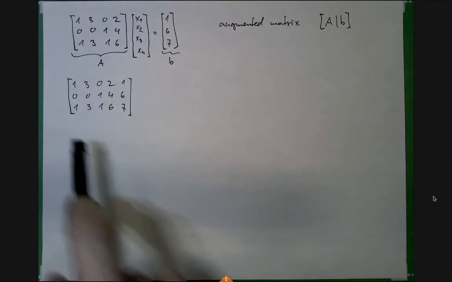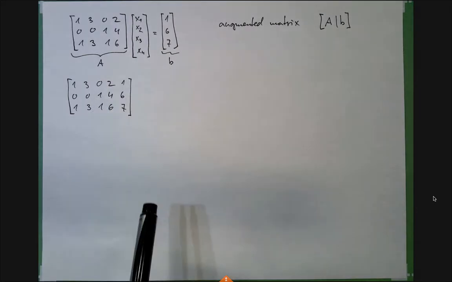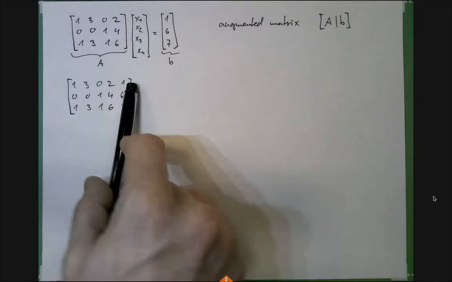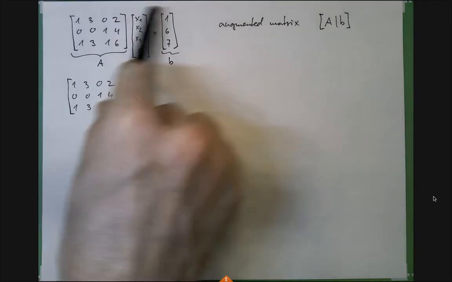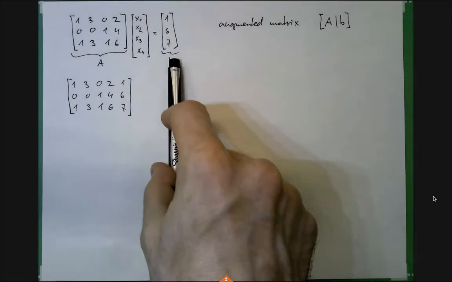And why I'm doing this is because if I run my Gaussian elimination, which I will run on paper here because it's quite simple, then I'm automatically applying the same operations to both the matrix and the right-hand side, right? Because I just made it one matrix. It would be sort of cute if you were coding it, because then you don't have to code any special routines for this case.